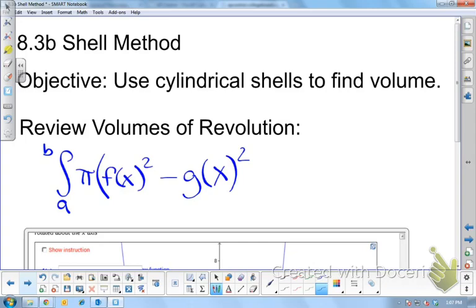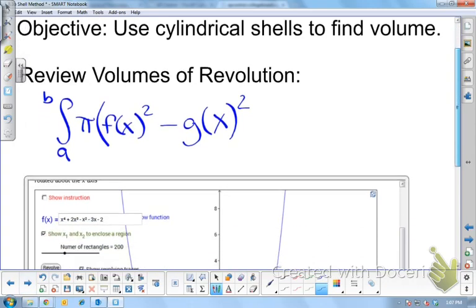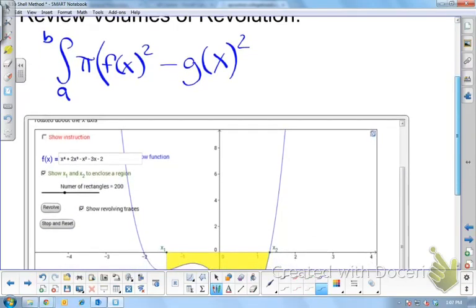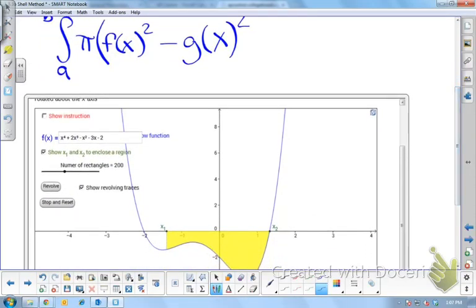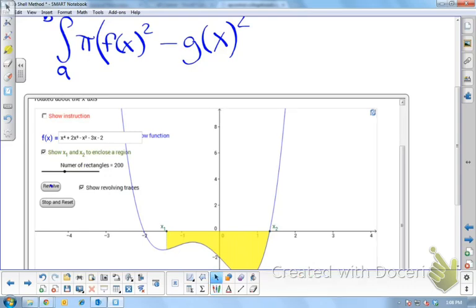So when we worked with that, we would take a shape and we would actually revolve it around. Maybe. Come on.